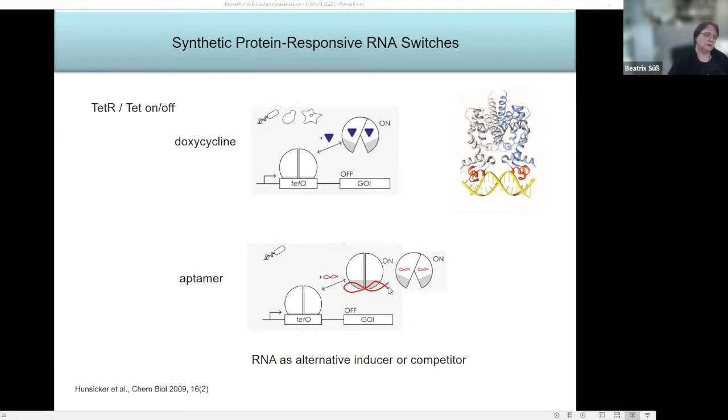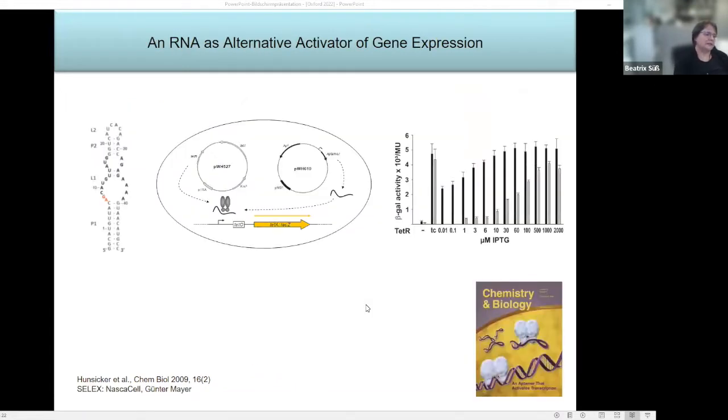Or you could also think that the RNA somehow interferes with the DNA binding. So this was the intention at this time, I think in 2002, to look for an RNA as an alternative inducer or competitor. And finally, this also worked out.